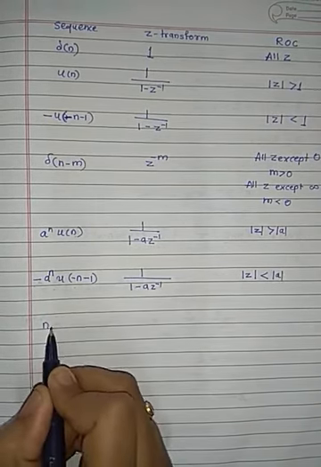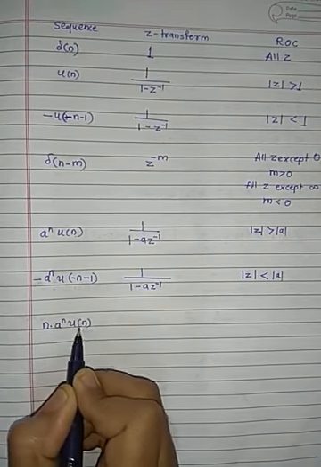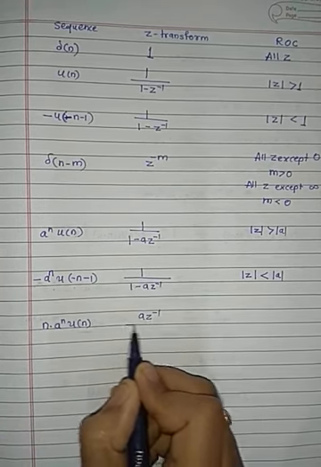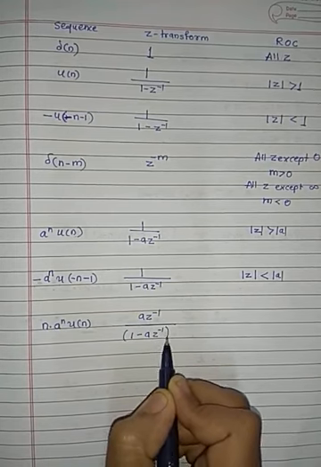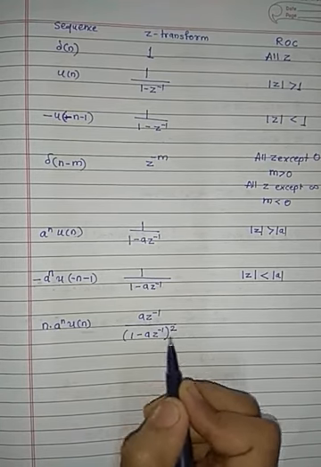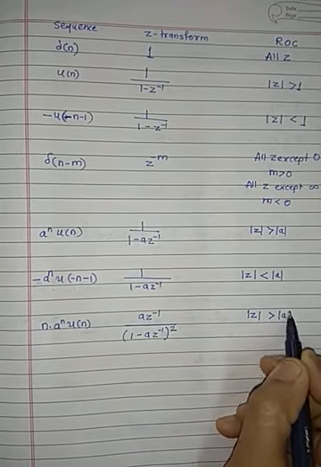If the provided sequence is n into a raised to n multiplied by u of n, then it is a into Z inverse divided by 1 minus a into Z inverse raised to 2. Okay, and modulus of Z should be greater than modulus of a here.